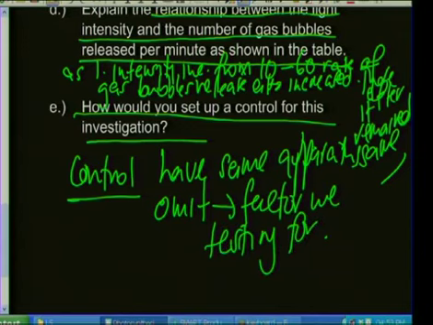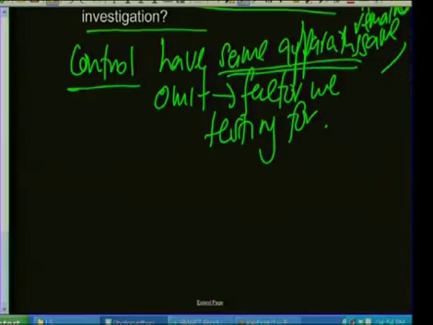Now, in this particular experiment, how do we know that those gas bubbles come from the plant? Do we know this? We are assuming it because during photosynthesis, oxygen is released, and that is shown as gas bubbles. So the only way to know that that gas bubbles came from that particular plant, we can set up the same apparatus, but we don't put a plant inside.